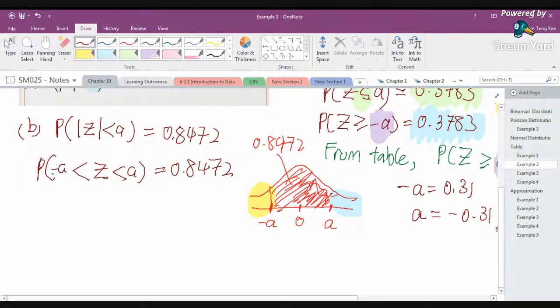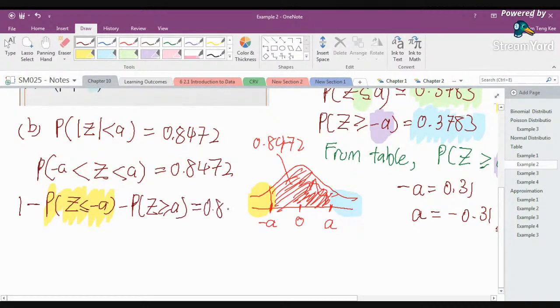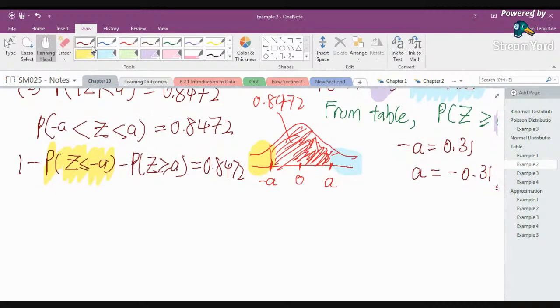Therefore, instead of writing P of negative A less than Z less than A, I can convert it to 1 minus the region in yellow, which is P of Z less than or equal to negative A, minus P of Z greater than or equal to A, which is 0.8472. This is for the one in blue.